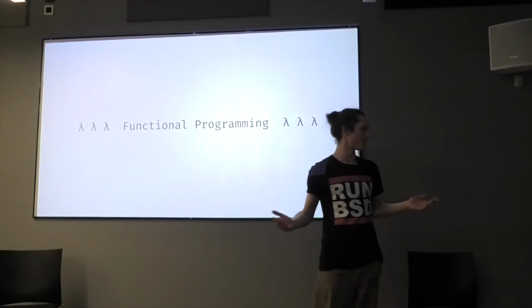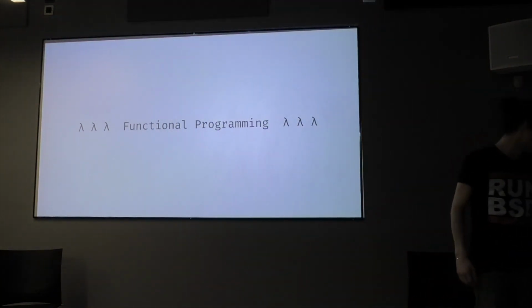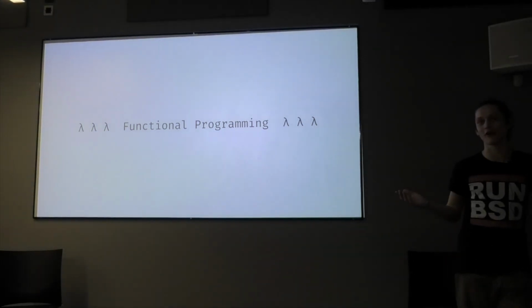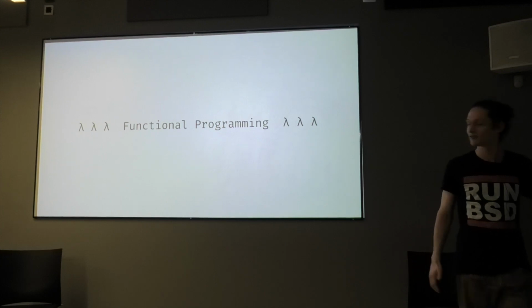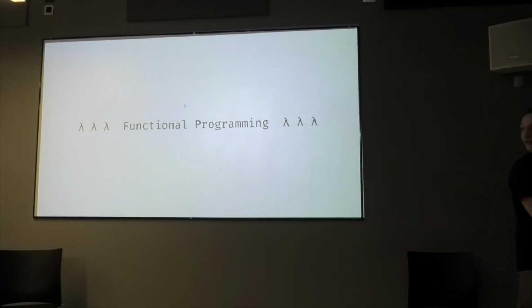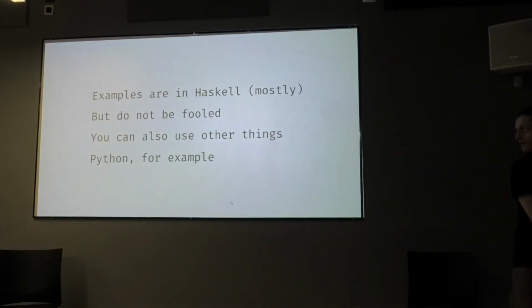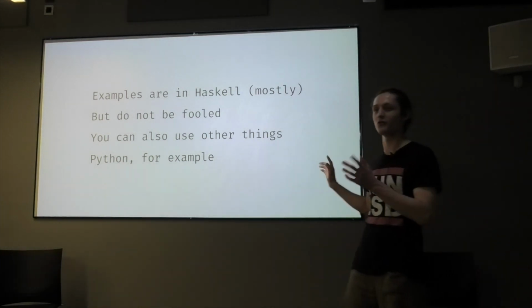Functional programming. It's all about functions, but not the kind of functions you have in C or Java or anything like that. My examples through this are almost entirely in Haskell.